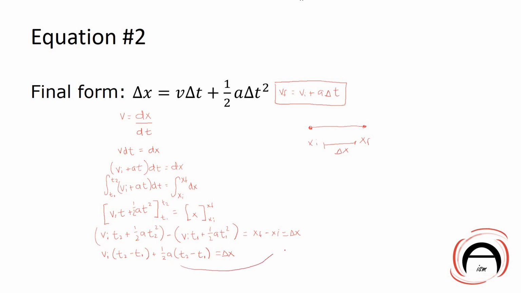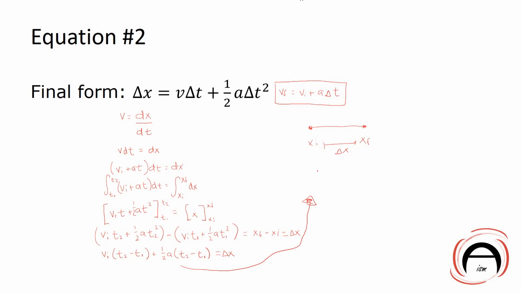So let me just move all the way up here, so I have a little bit more space. So just like our change in x, from t1 to t2, that's just going to be a certain amount of time. That time is going to be equal to delta t, which just means the change over this certain time period, from 1 second to 5 seconds, from 0 seconds to 10 seconds. That's just going to be equal to your delta t term. So we're just going to rewrite t2 minus t1 as delta t.